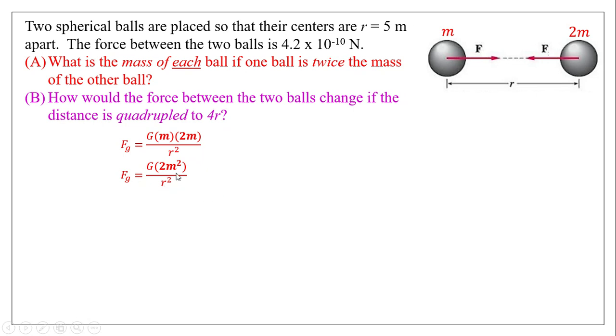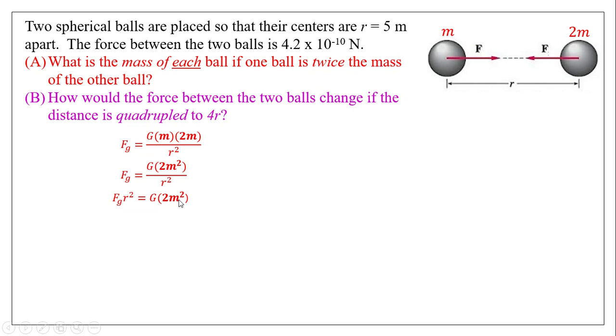So in order to solve for m, the first algebra step I need to do is get rid of this r squared in the denominator. So I'm just going to move it up to the left side by multiplying both sides by r squared. All right, so that's the first algebra step. But you notice here, in this particular step, I don't have m by itself yet, right? I have a G in the front, I have a 2 in the front, I have an m squared.